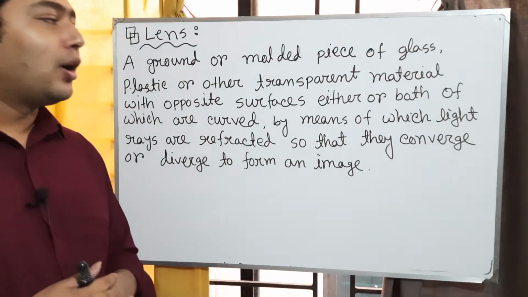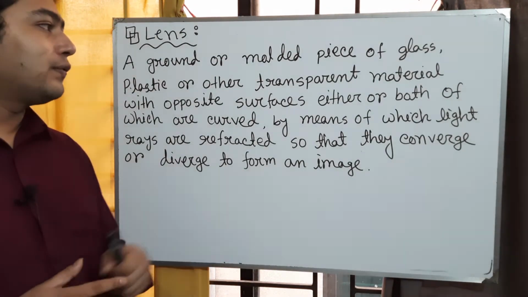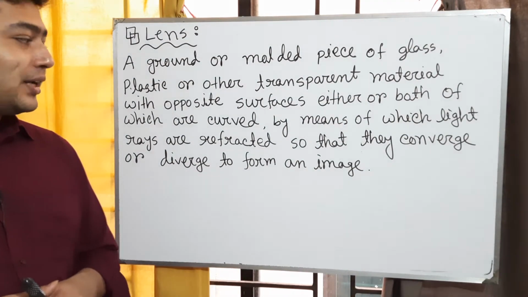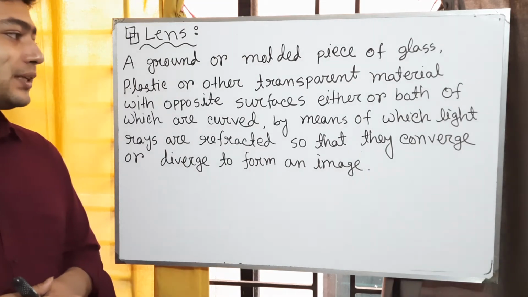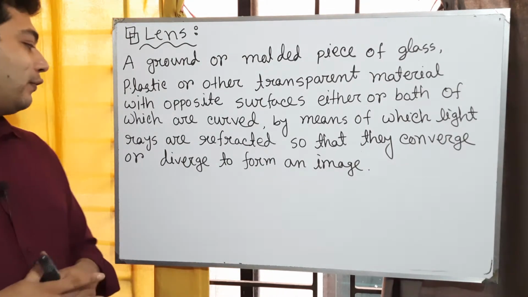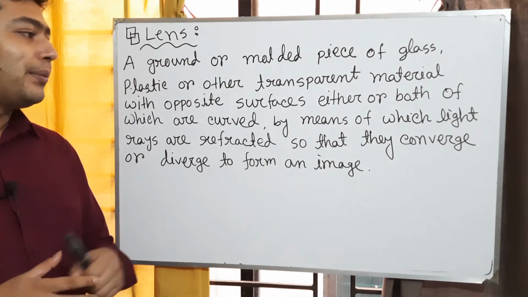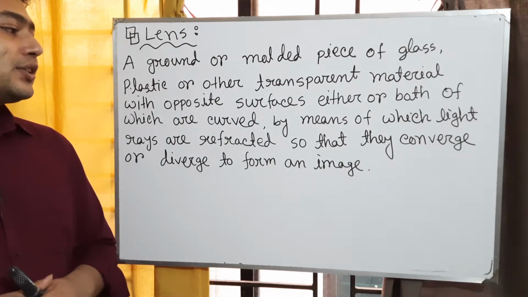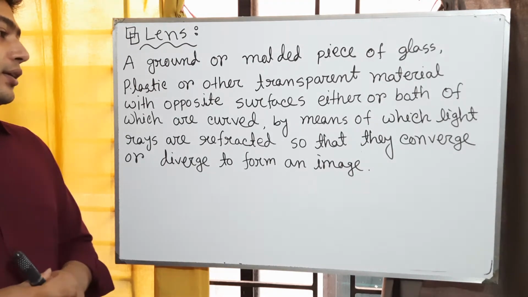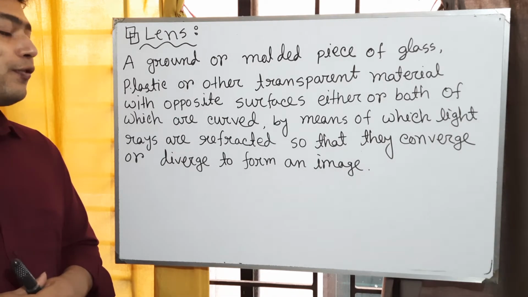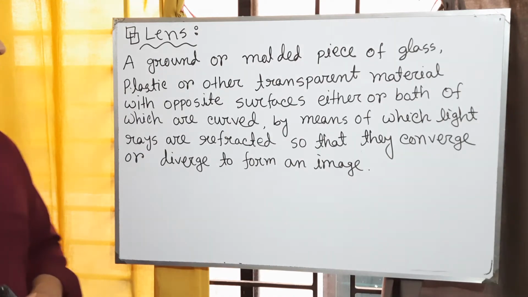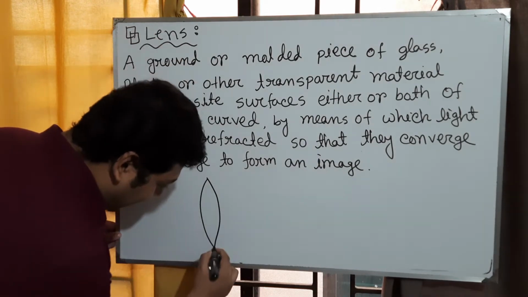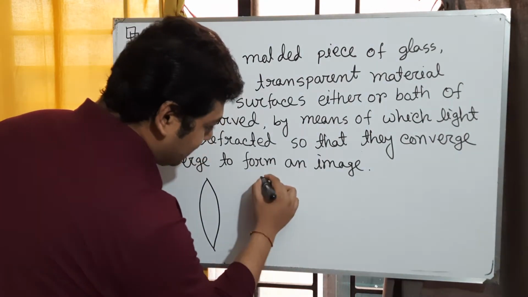A ground or molded piece of glass, plastic, or other transparent material with opposite surfaces, either or both of which are curved, by means of which light rays are refracted so that they converge or diverge to form an image. Okay, so a lens is like that or that.